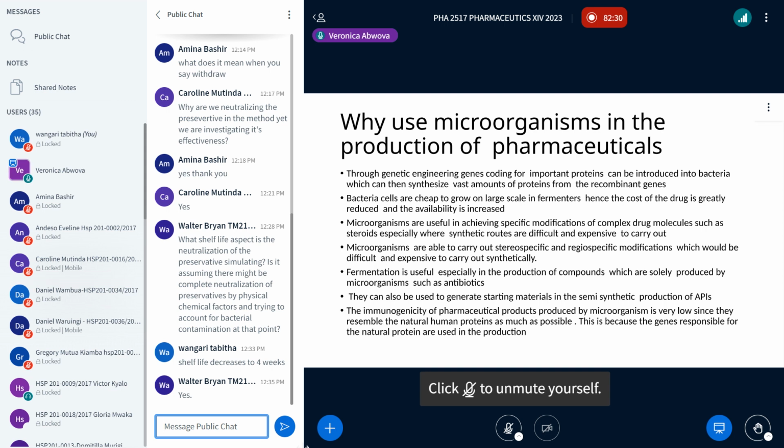So again, it's something to note that that helps. If you use microorganisms, you're able to actually come up with a protein that is less immunogenic. If it is less immunogenic, it means that human beings will not be able to react to it, okay? There will be less reactions to that product, and therefore it will be more biocompatible.